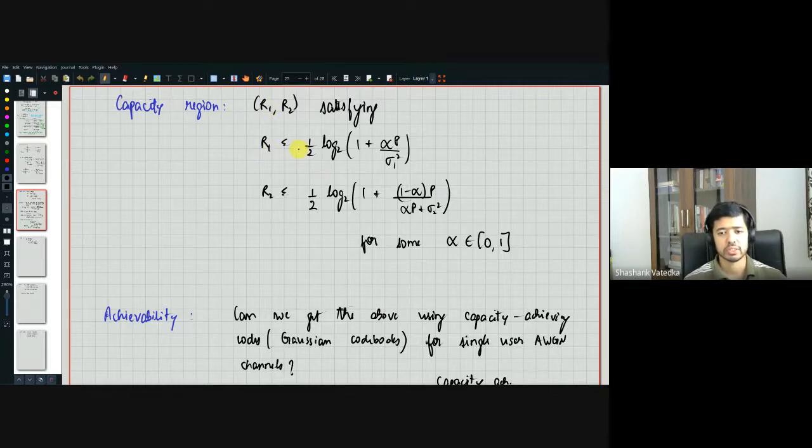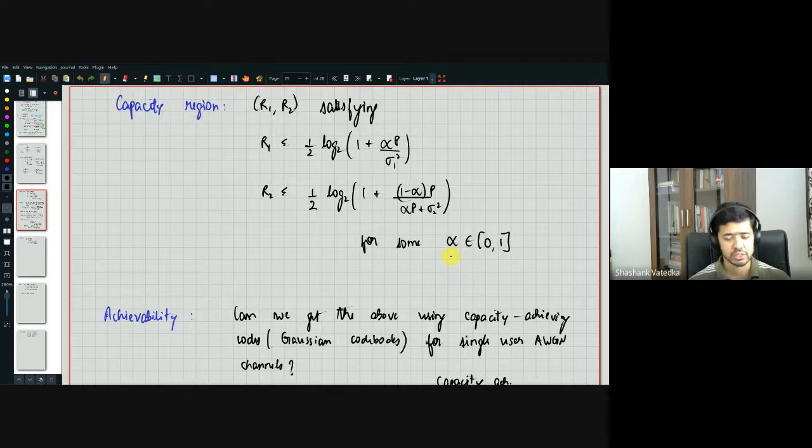So R1 is less than or equal to half log 1 plus alpha P by sigma 1 square, and R2 is less than or equal to half log 1 plus (1 minus alpha) P by (alpha P plus sigma 2 square), for some alpha which lies between 0 and 1. All right. And for this, we'll see a separate achievability and a converse proof.